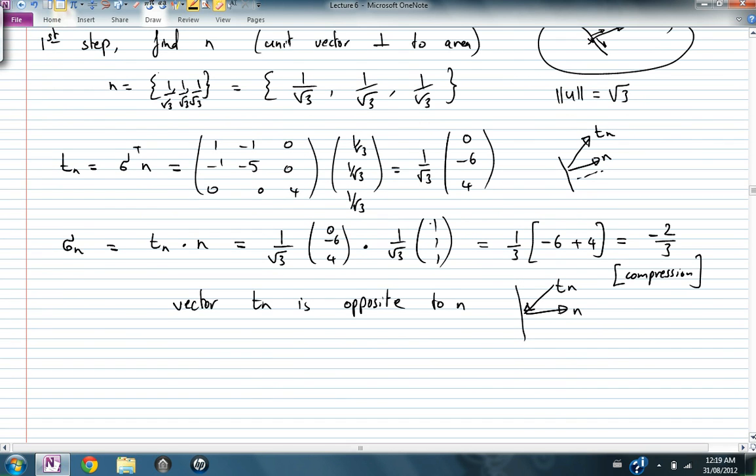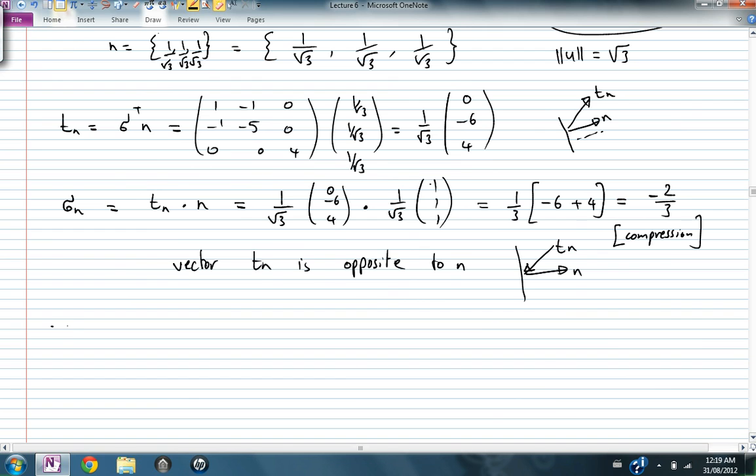Now the shear stress is basically the norm of the remaining part of the force vector. So the force vector is Tn. Its normal component is sigma n in the direction of n.